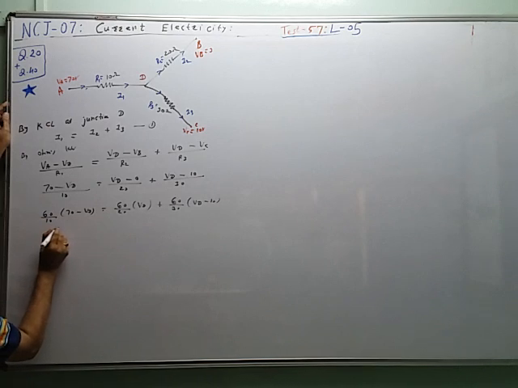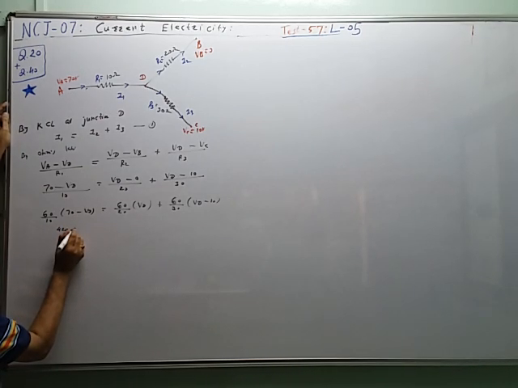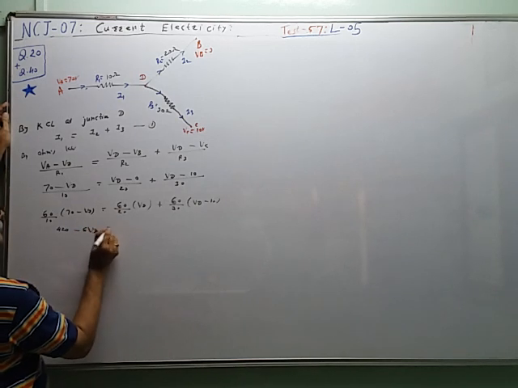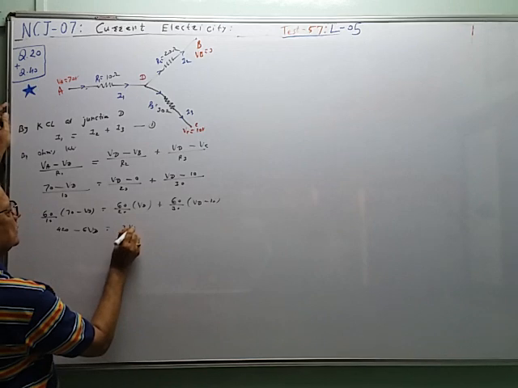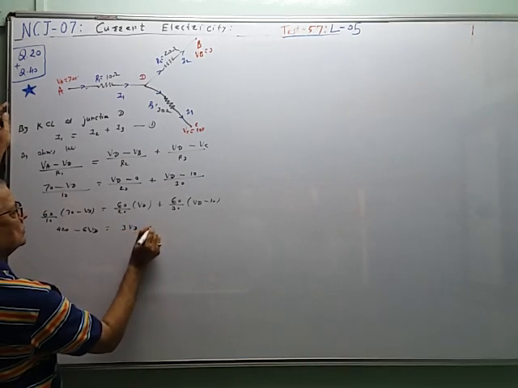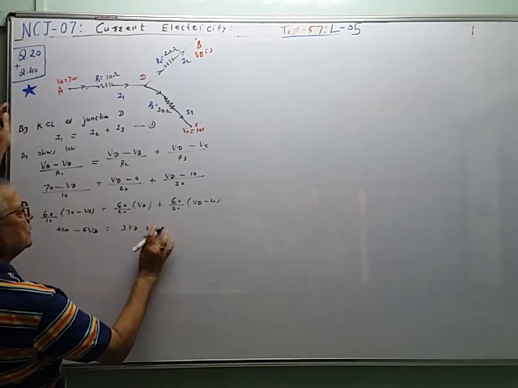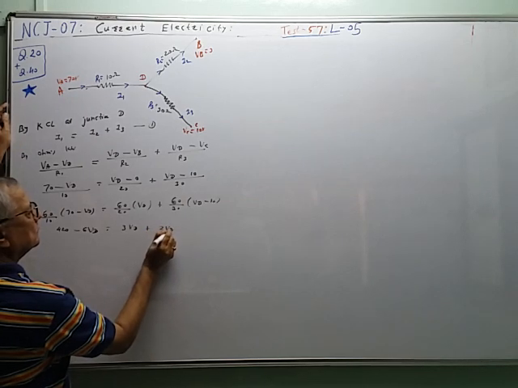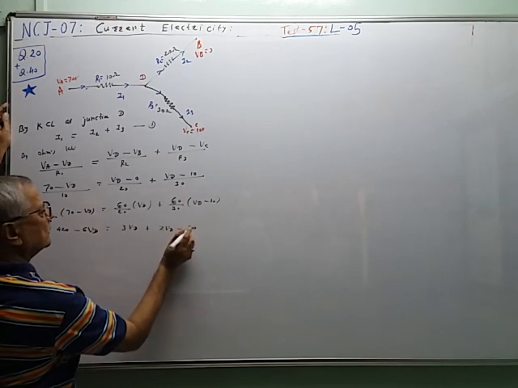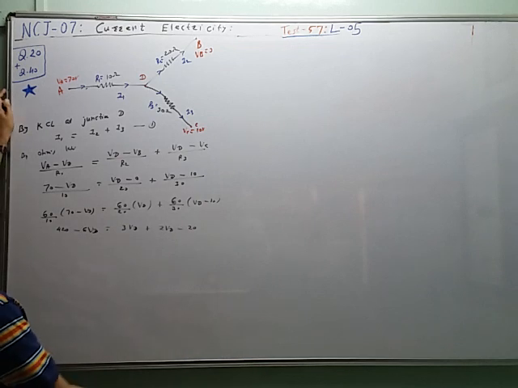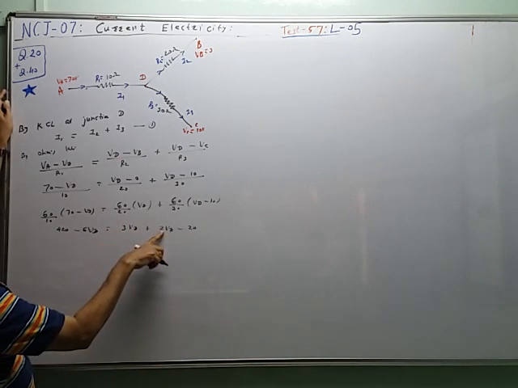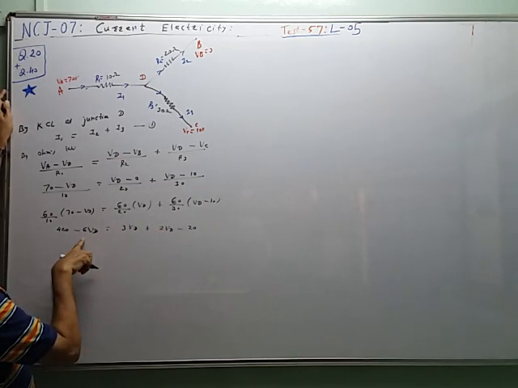So this is equal to 420 minus 6 VD is equal to 3 VD, plus 2 VD minus 20. So this is 3 plus 2, 5. It will become minus 11.